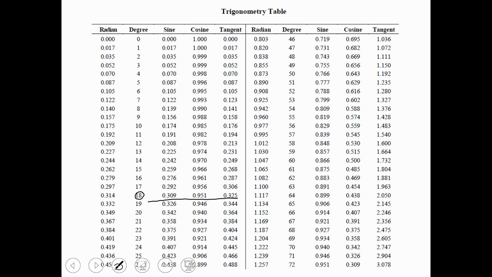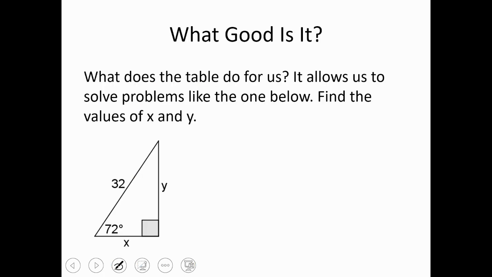The ratio of the adjacent leg to the hypotenuse is 0.951. And the ratio of the opposite leg to the adjacent leg is 0.325. Even though you'll see on some later worksheets that a few of these values we can get ourselves, most of them we cannot. But though we cannot get most of these values ourselves, we understand their significance, which for us is really what's most important.